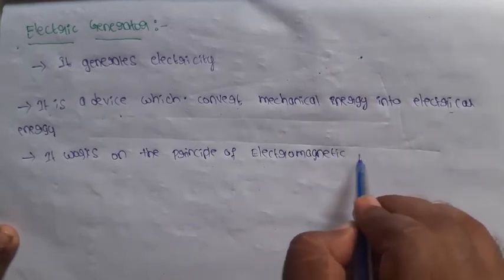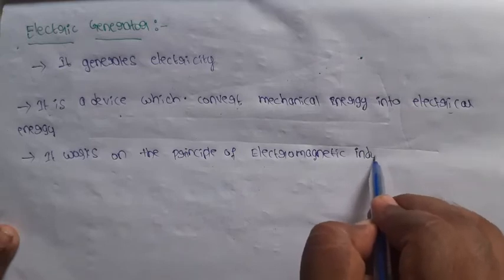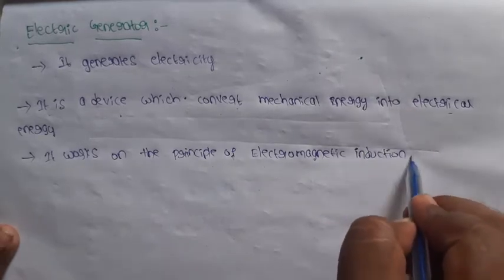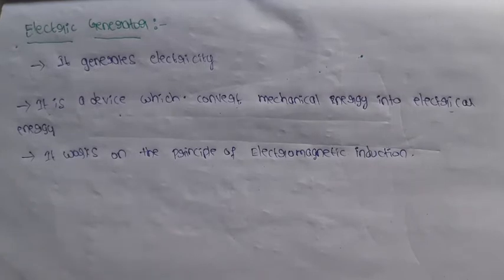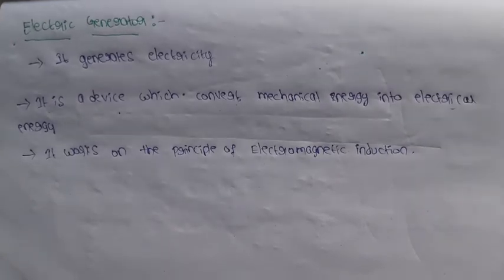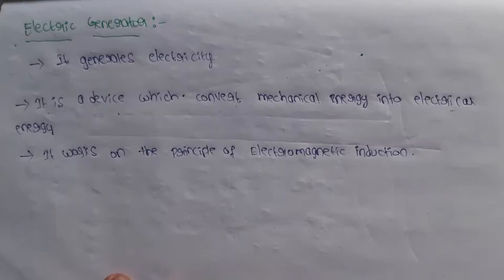We already studied different experiments on electromagnetic induction in the last class. In all those experiments, the induced current is developed when you are changing the magnetic field around the coil.